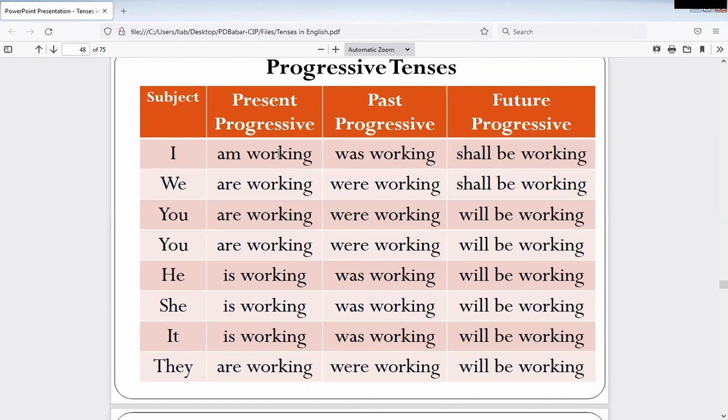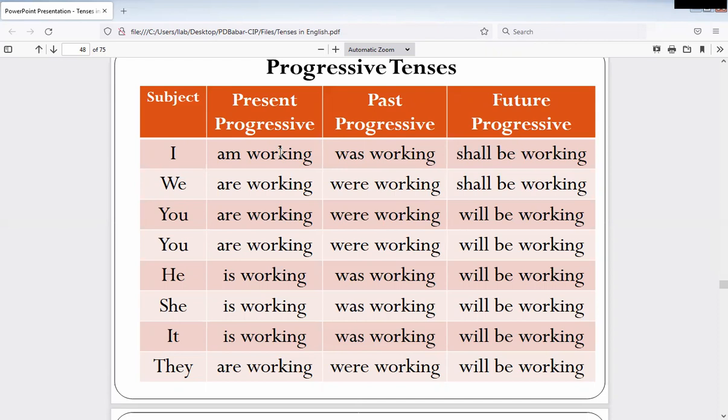So I am teaching. This is the present progressive, an action which is going on at this time. मी शिकवत आहे. If that action happened in the past, for example last week, we can say I was teaching. मी शिकवत होतो.